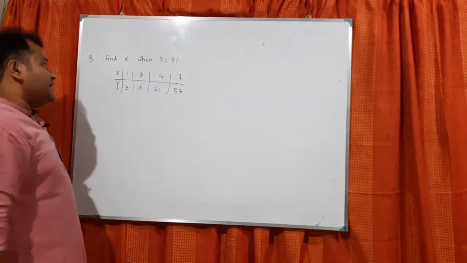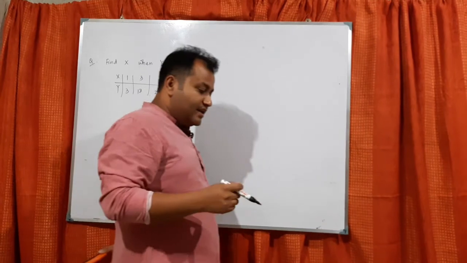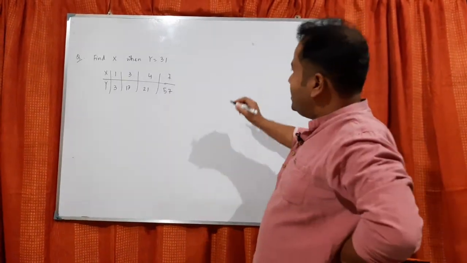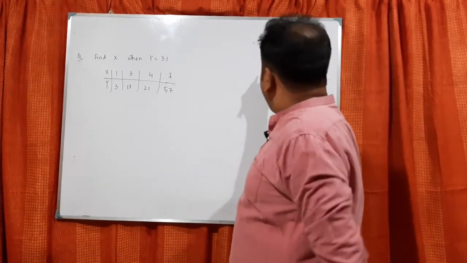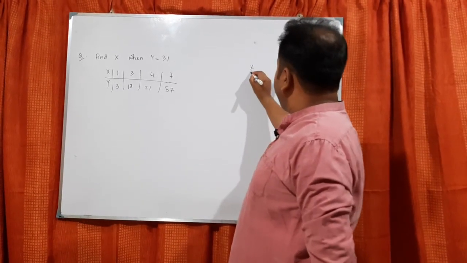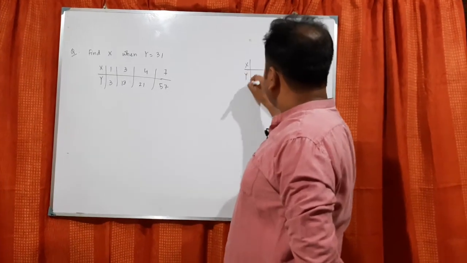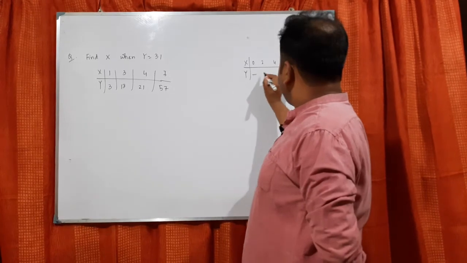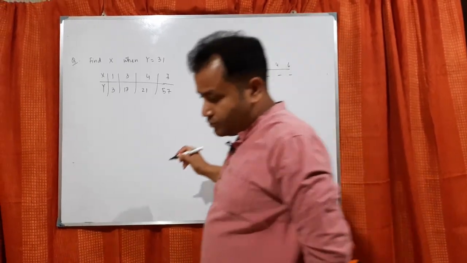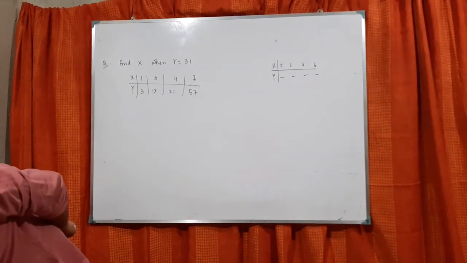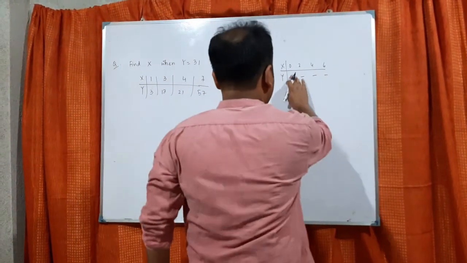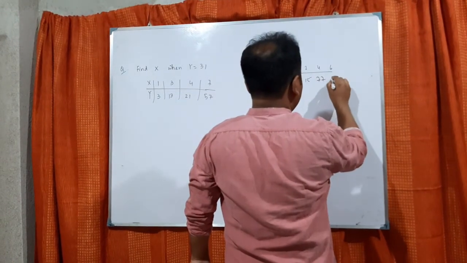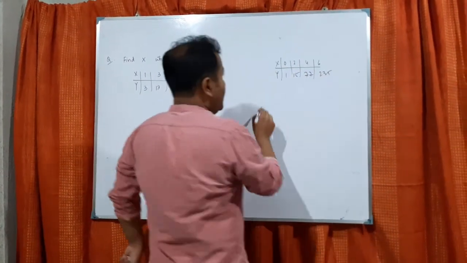Now what is the facility in the Lagrange method which was not there in Newton's forward interpolation, or even in Newton's backward interpolation? Newton forward interpolation is applicable when, let me give one example, say the previous example: x is 0, 2, 4, 6, and the values given were 1, 15, 77, 235.